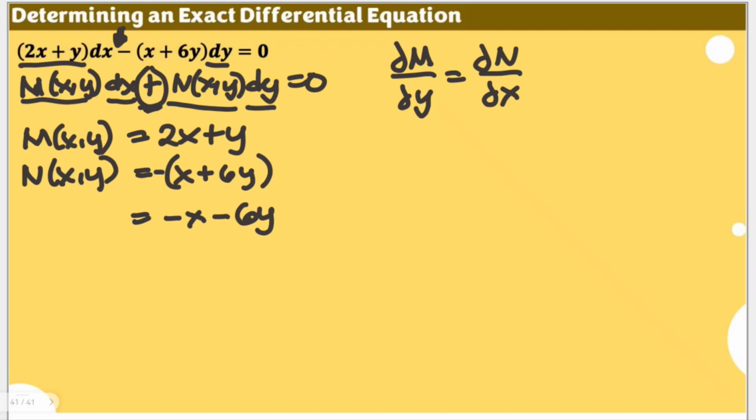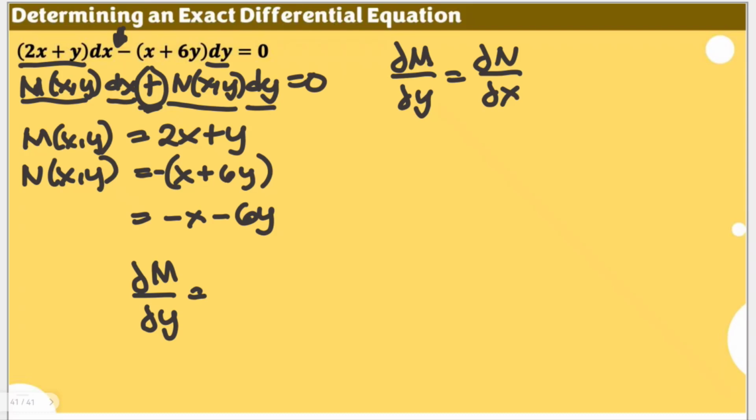Okay, now that we have these two, let's try to determine the partial derivative of M with respect to y. This means that we are going to take the first order derivative of M only taking the variable y as a dependent variable. This would mean that if there exists a variable x in the given function, then we are going to treat it as a constant.